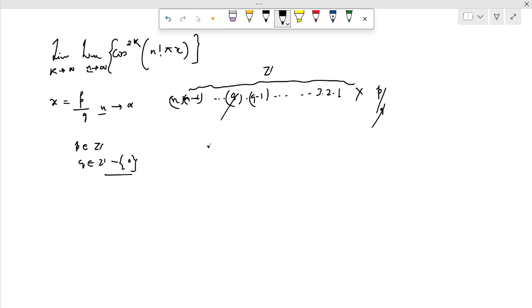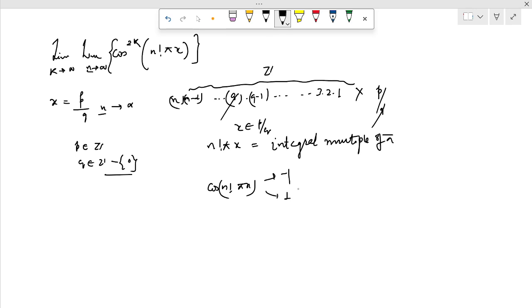And n factorial pi x, if x belongs to rational, this will be an integral multiple of pi. And if you have an integral multiple of pi, cos will give you either -1 or +1. And if you write cos to power 2k of n factorial pi x, this will be equal to 1.